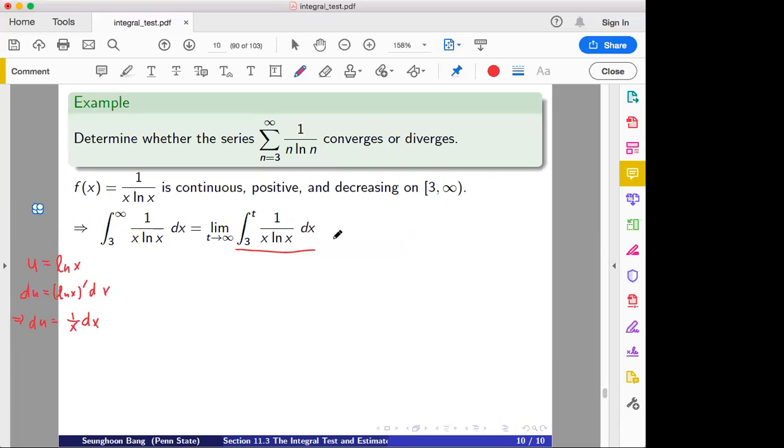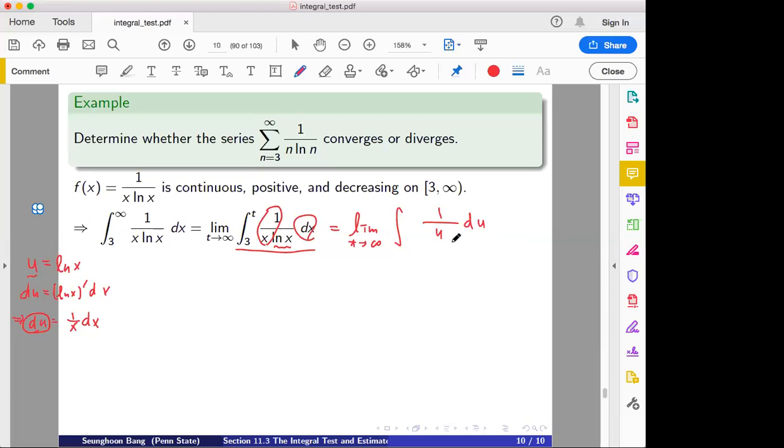You can replace. This is the limit as t approaches positive infinity. The integral of 1 over ln of x is u, and 1 over x dx is du. So we have only du.